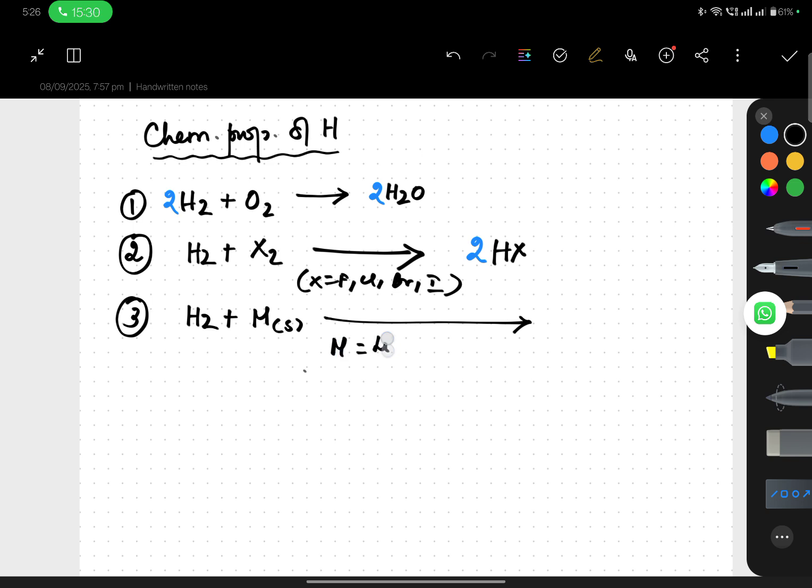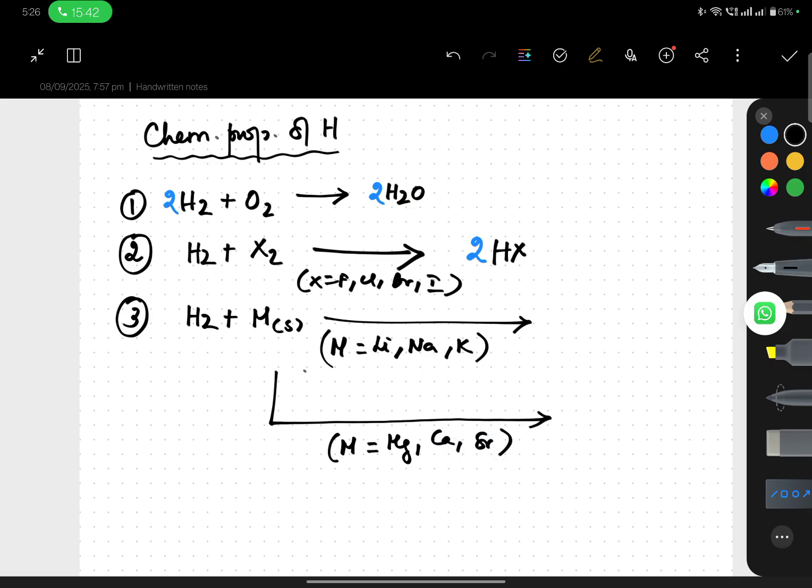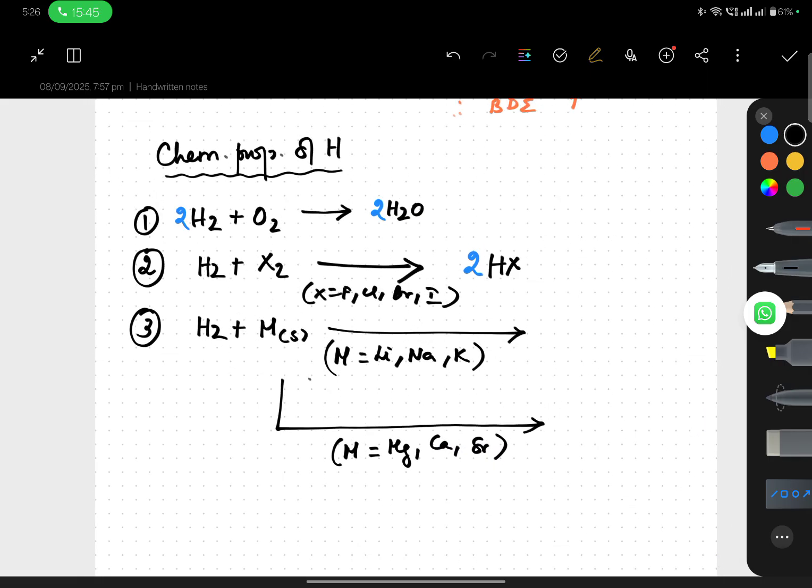So M can be lithium, sodium, potassium. So if it is an alkali metal, it will form the molecule called MH. With alkaline earth metal, MH2. Because the oxidation state of alkali metals is +1. Here it is +2. So these are all the basic reactions, okay?